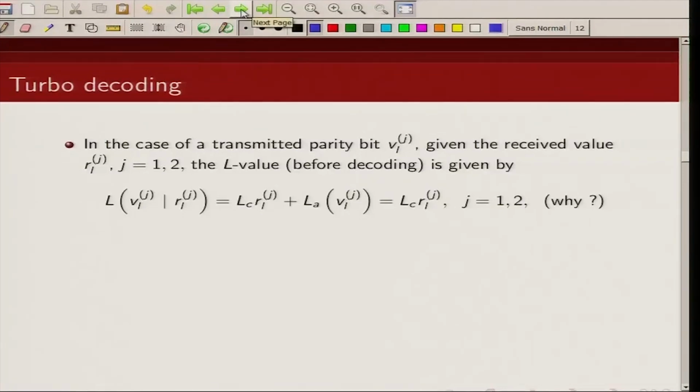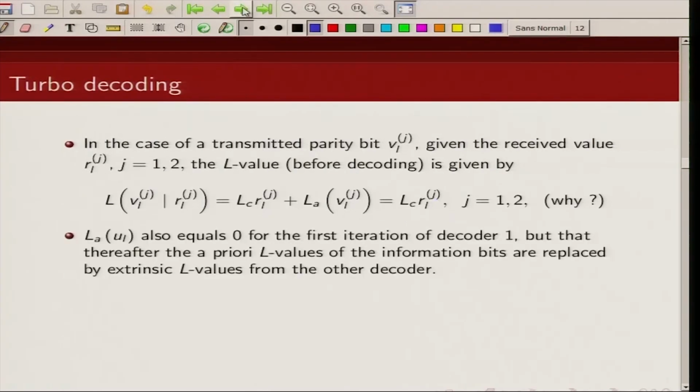Now, in case of a transmitted parity bit, we do not have any a priori knowledge. So, in those cases, this will be just Lc RL1 or RL2, depending on whether we are considering parity bit 1 or parity bit 2. As I said, initially we do not have any a priori knowledge about whether the bit is plus 1 or minus 1, so we assume that it is equally likely to be plus 1 and minus 1.